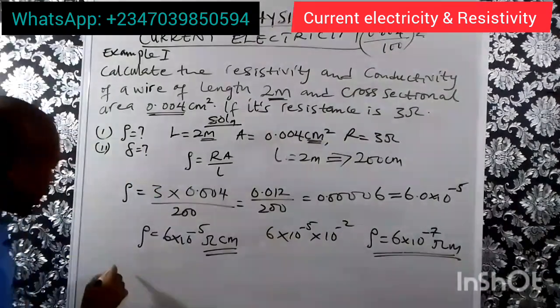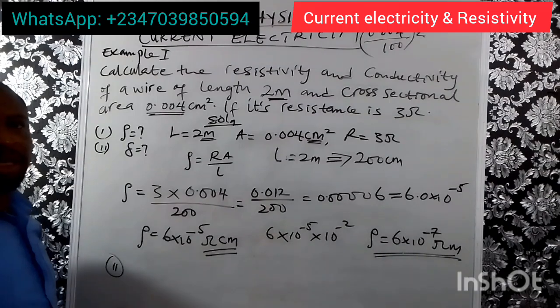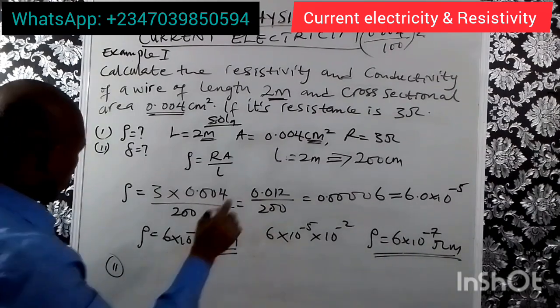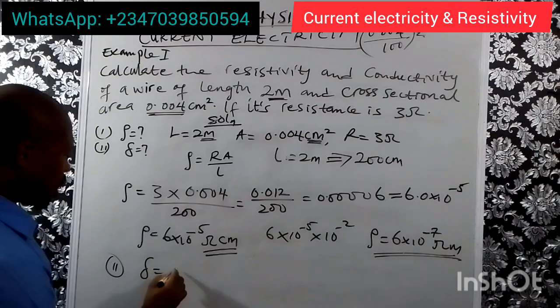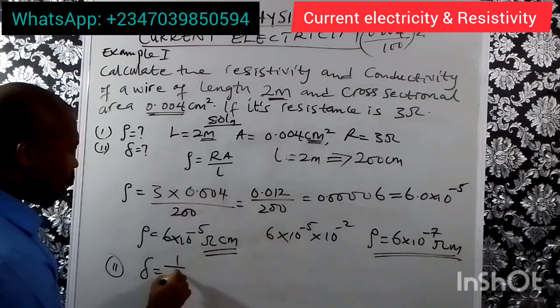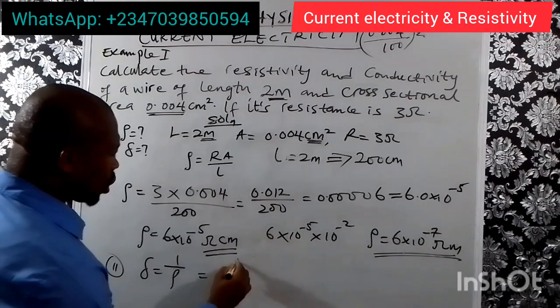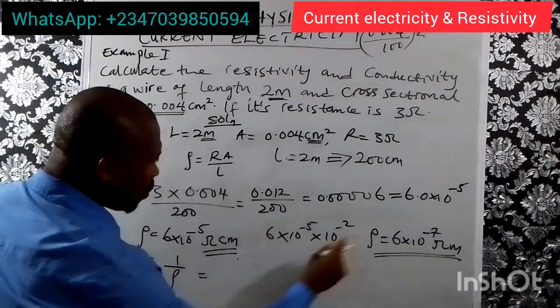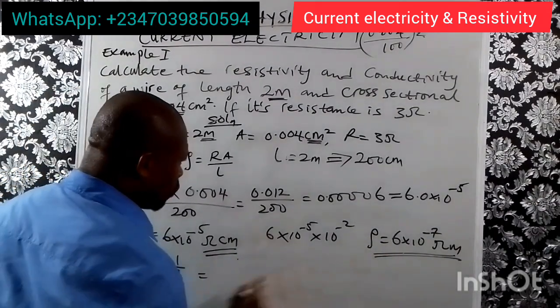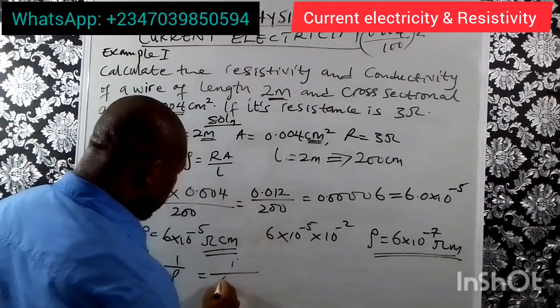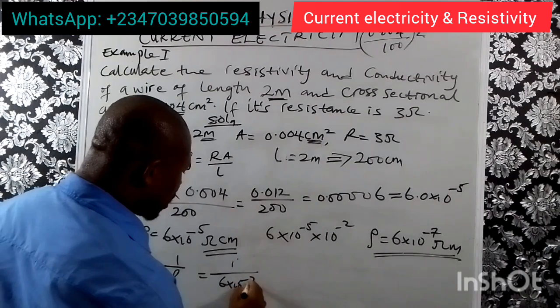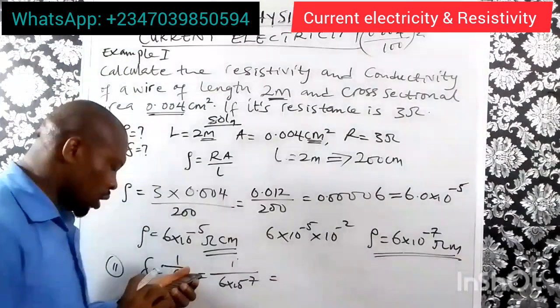Now the second question says the conductivity. Of course, we know that conductivity is 1 over rho, inverse of rho, which will give us the inverse of this: 1 over 6 times 10 raised to the power minus 7.